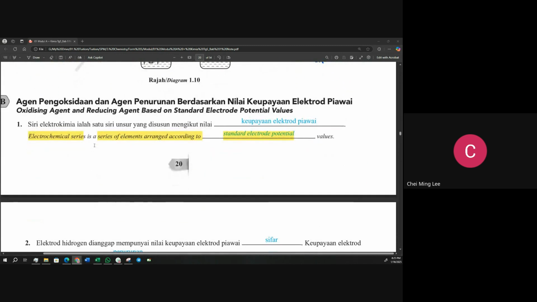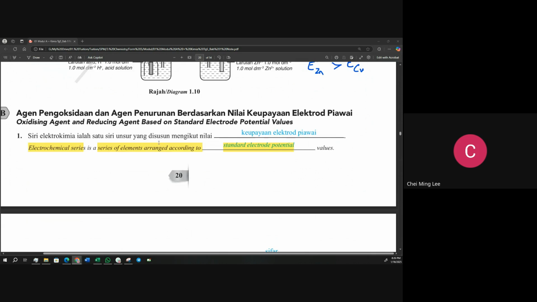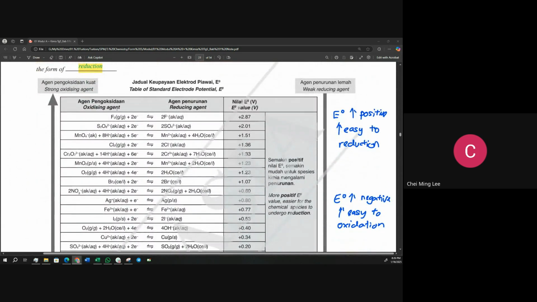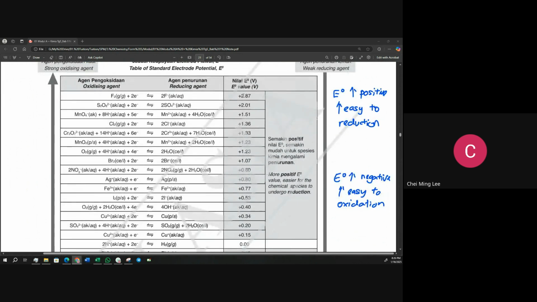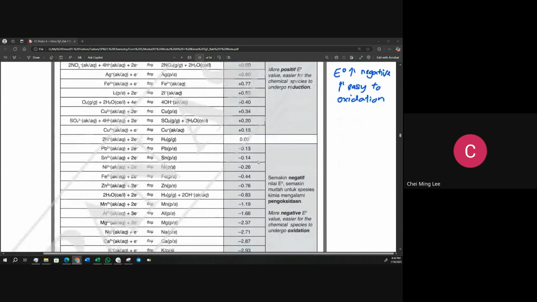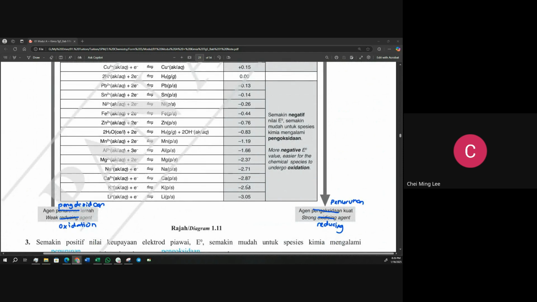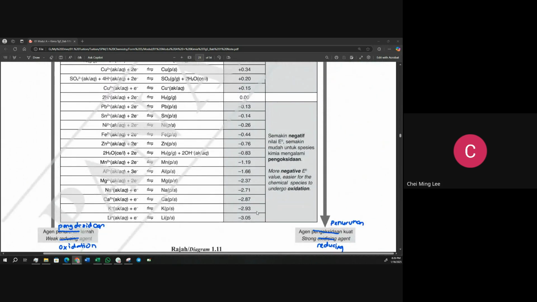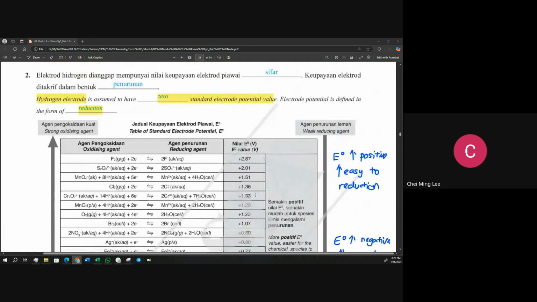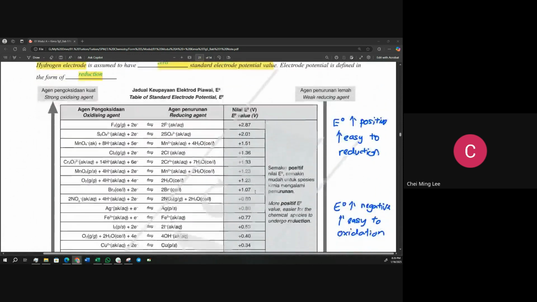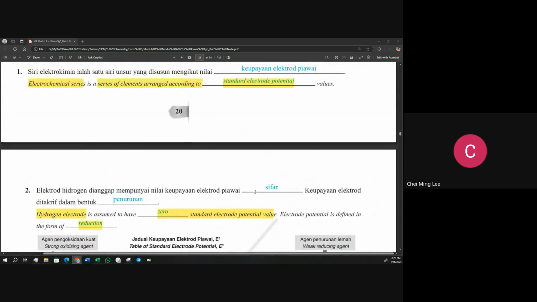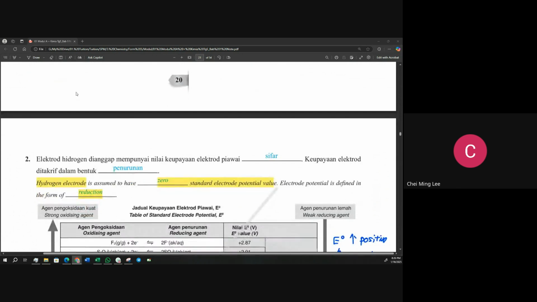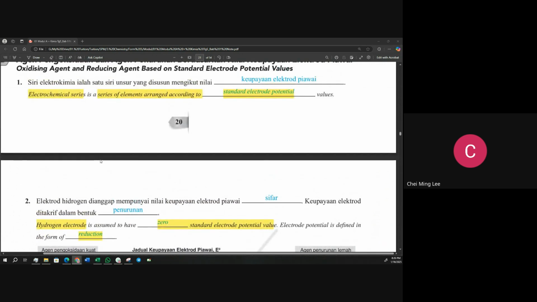So let's see the oxidizing agent and reducing agent based on the standard electrode potential value. Like I said, there is a positivity and negativity value, but this chart includes all of them.